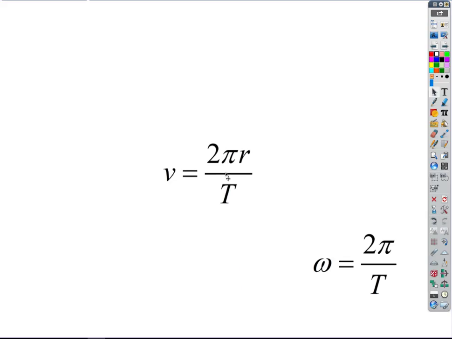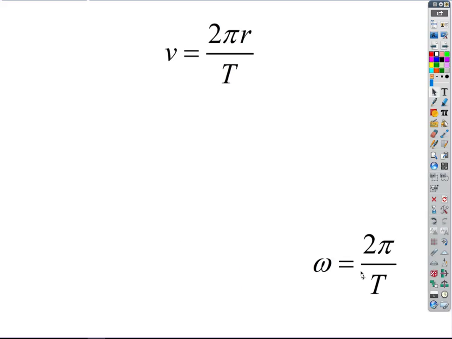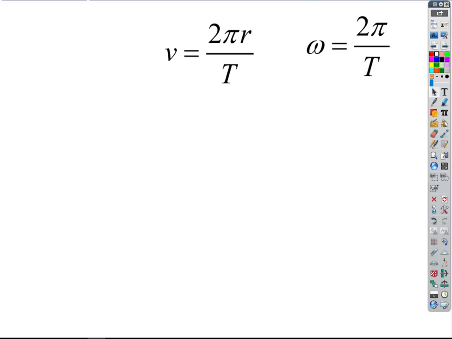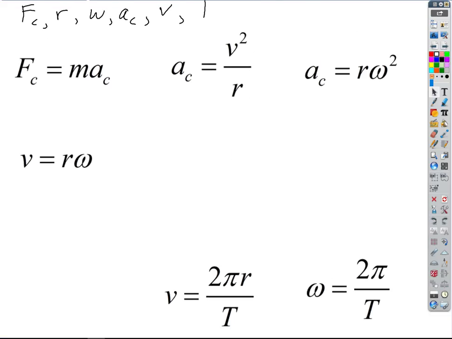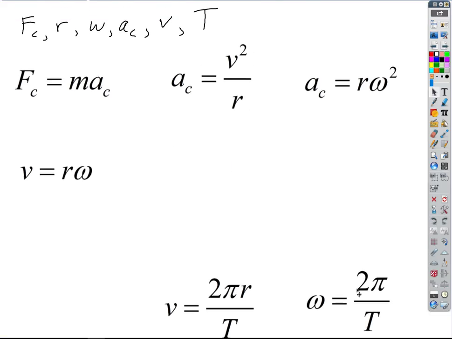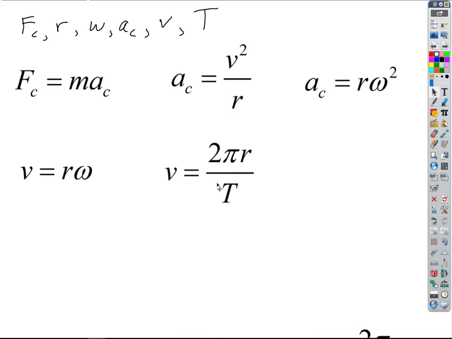Now let's take a look at period. How is period going to be related to velocity? Or speed, we might as well say, because the vector is always changing. But the tangential speed, v, how's that going to be related to period?